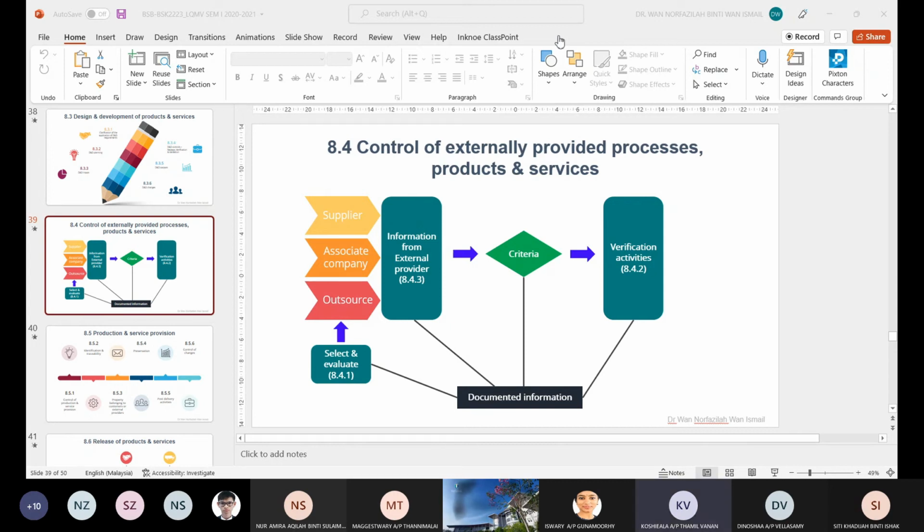Doctor, yes. Is it like externally provided process? We do it using outsourcing. Outsource what? Koshila? Hello. Not clear.